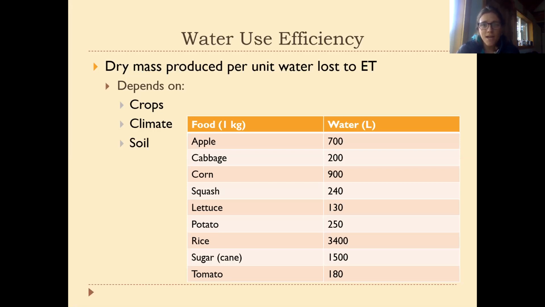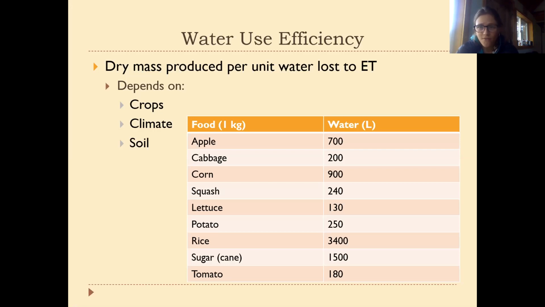So things like cabbage, squash, lettuce, potatoes, tomatoes, these have a pretty low water demand. And then other crops have a much higher water demand. Apples that are grown on trees, right? They need more water. And then certain crops that are, of course, adapted to grow in much wetter ecosystems, like sugarcane and rice, demand a lot of water.